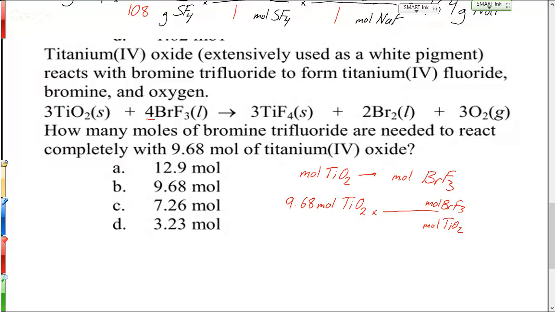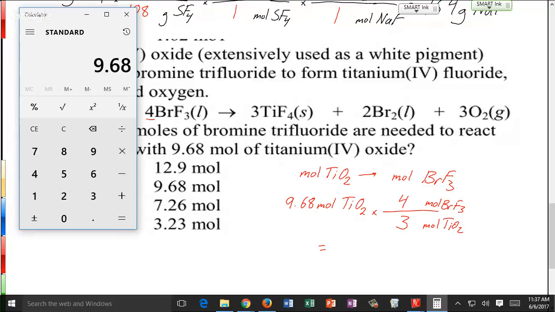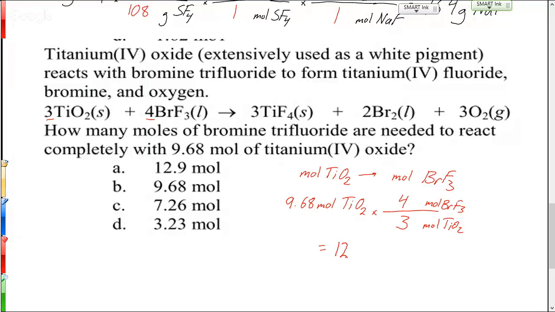Our equation tells us 4 of these for every 3 of these. So if we calculate that, we get 12.9, which is this one.